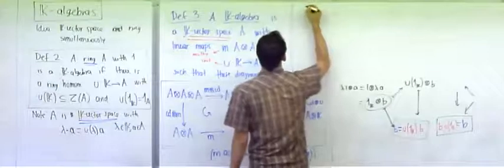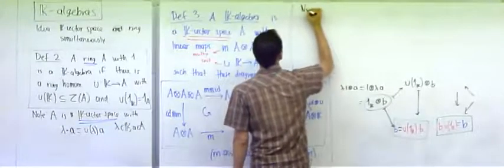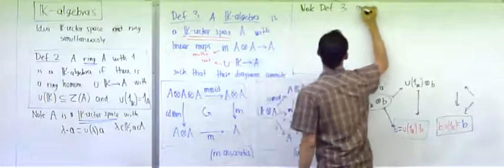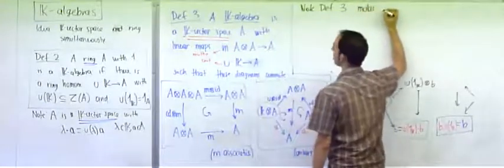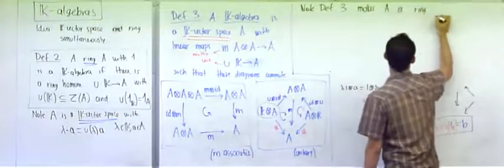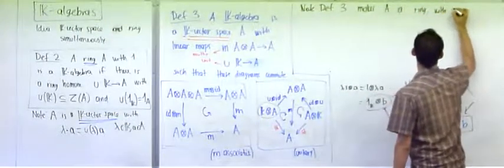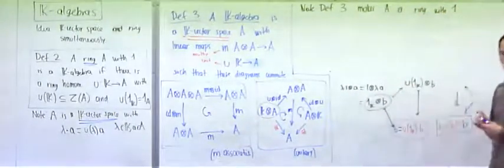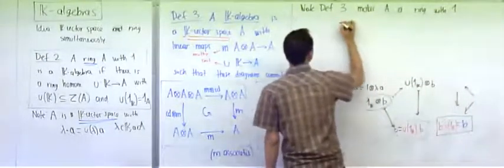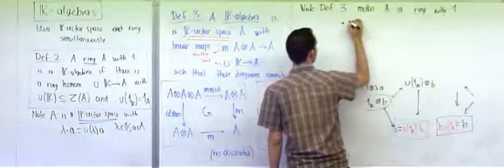So note that definition 3 makes A a ring with 1. How do we do this? Well, we need a multiplication. Now I'm really going to denote it times.